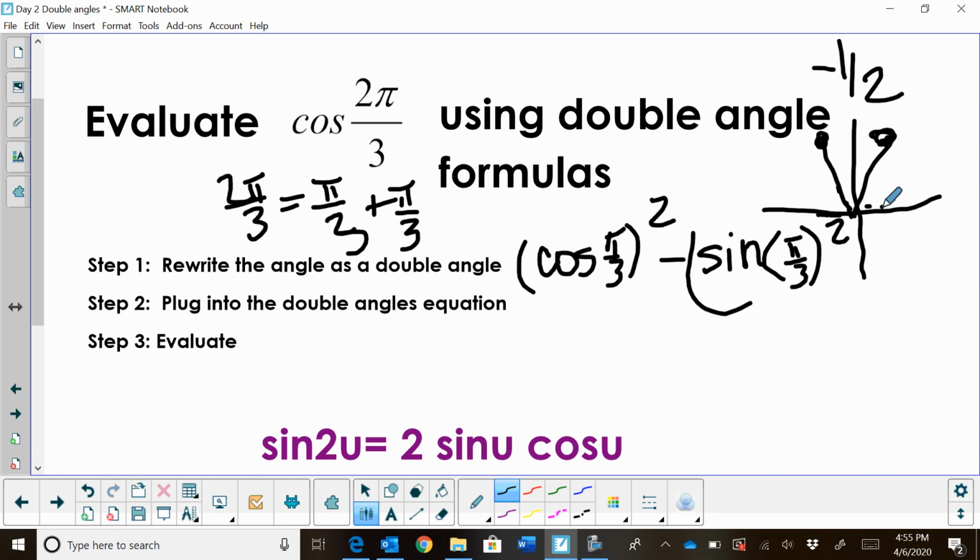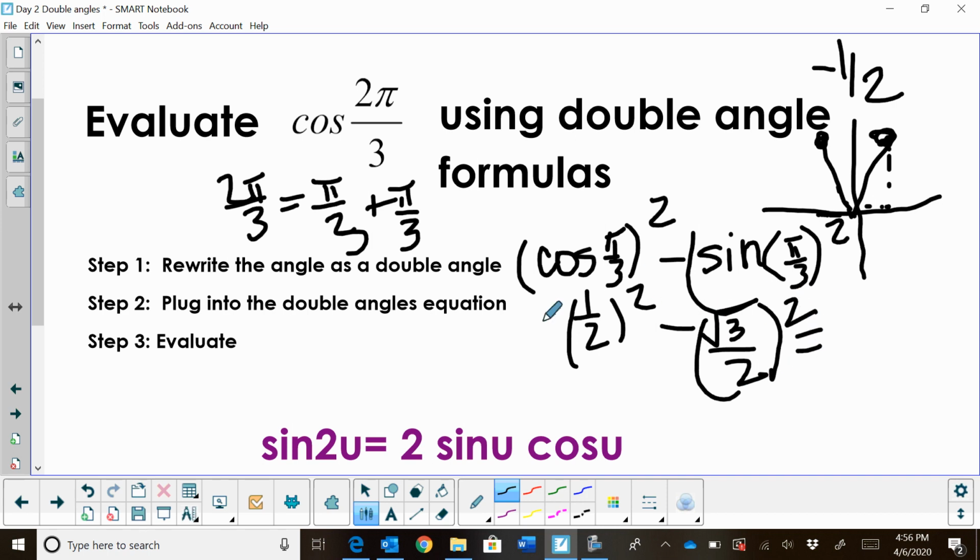Well, cosine in that position is just 1/2. So I'm going to take 1/2 and I'm going to square it. I'm going to subtract from it sine of pi thirds. Well, sine of pi thirds is the square root of 3 over 2, and then I have to square that one. So once I square these, 1/2 squared is 1/4.